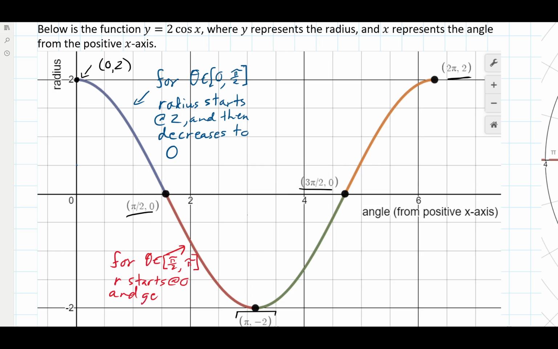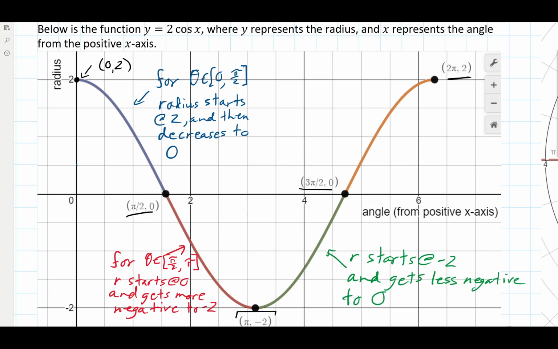It gets more negative, and of course, how negative? Well, to negative 2. In the green example here, our r starts at -2 and gets less negative, or more positive, till eventually it gets to 0 again.